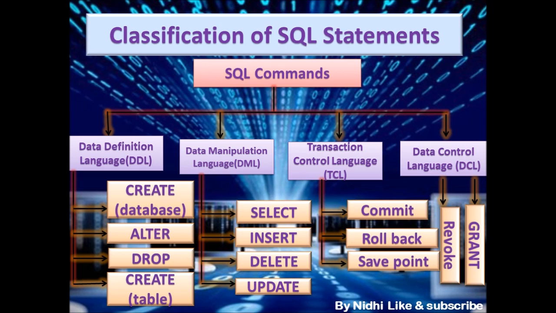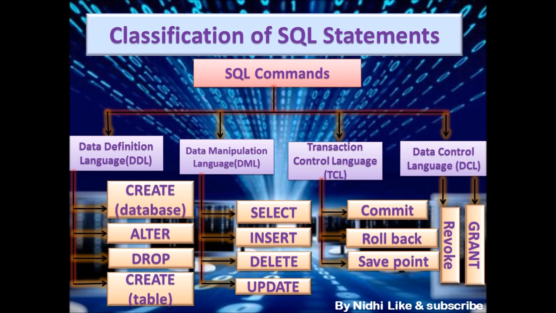In 11th class we only have to talk about 2 types of categorization, DDL and DML. In detail we will study DDL and DML only in higher classes like 12th, and at college level you will study TCL and DCL also.